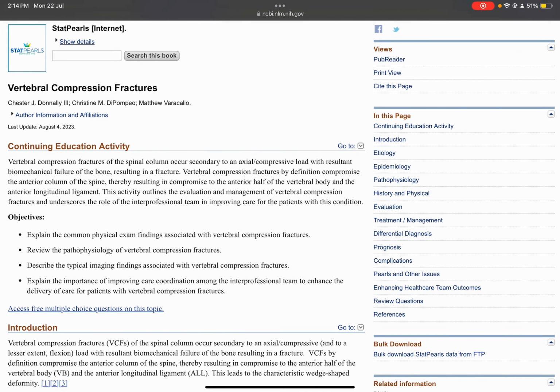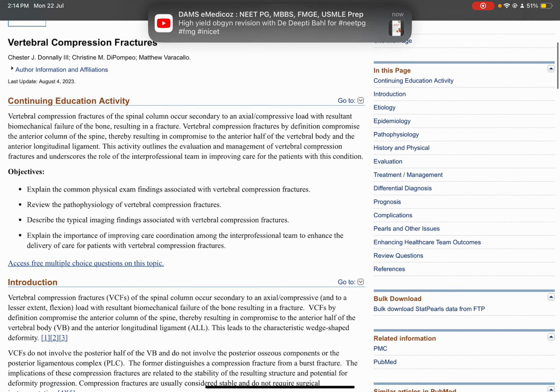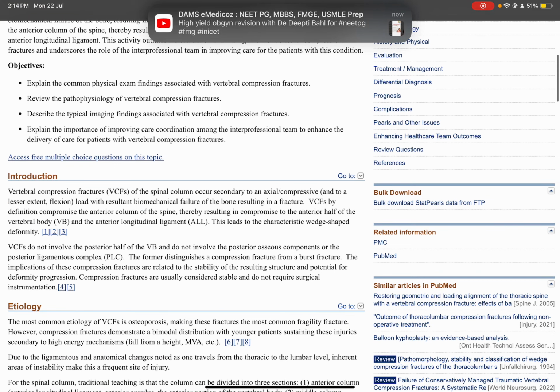Vertebral compression fracture of the spinal column can occur secondary to axial compression load with resultant biomechanical failure of bone resulting in fracture. By definition it compromises the anterior column of the spine, thereby resulting in compromise to the anterior half of the vertebral body and the anterior longitudinal ligament.